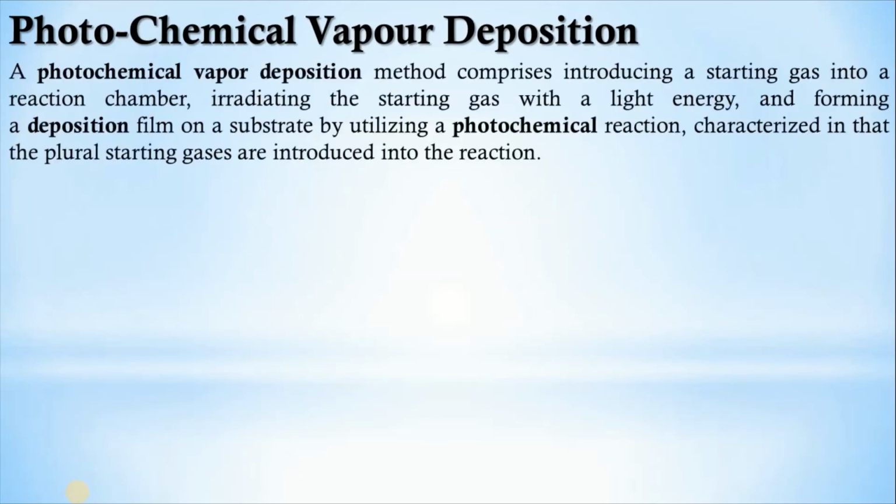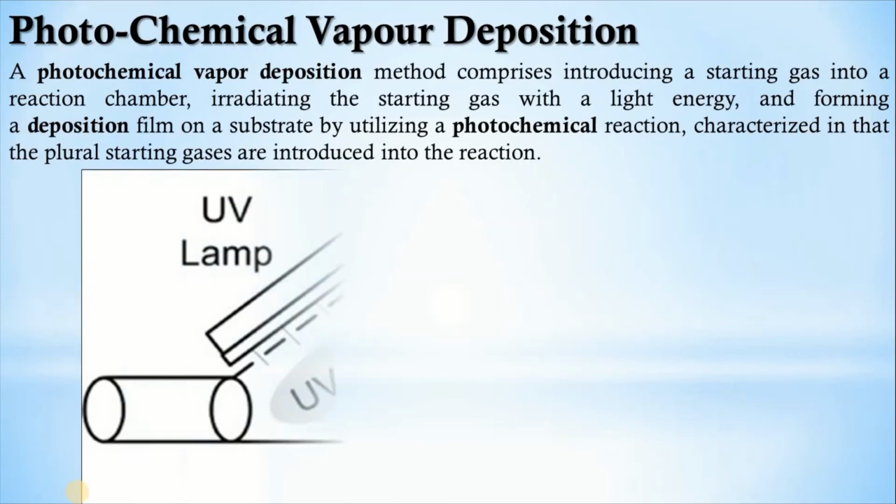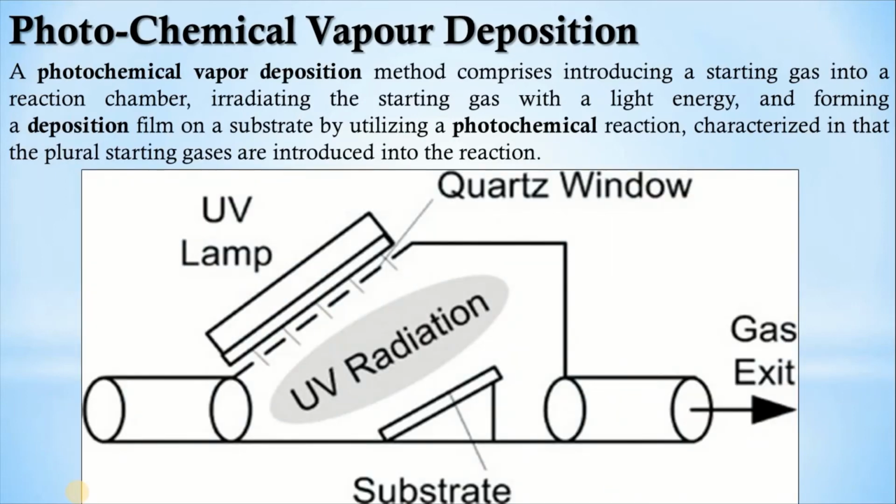A photochemical vapor deposition method comprises introducing a starting gas into a reaction chamber, irradiating the starting gas with light energy, and forming a deposition film on a substrate by utilizing a photochemical reaction, characterized in that plural starting gases are introduced into the reaction chamber. So this is the process.